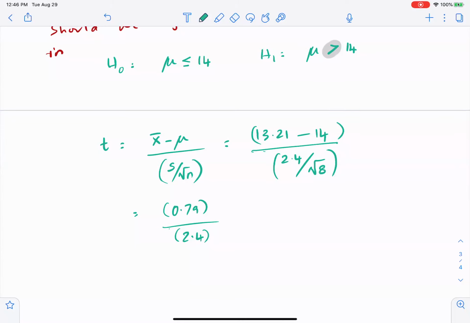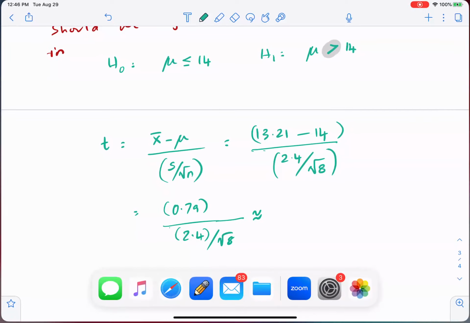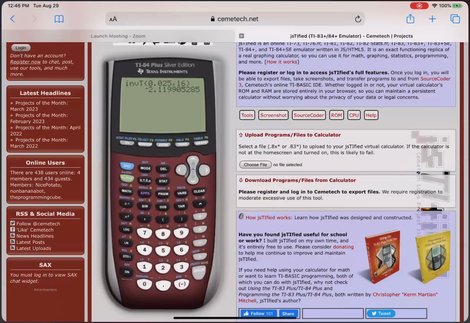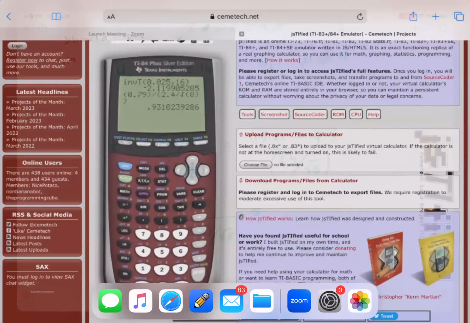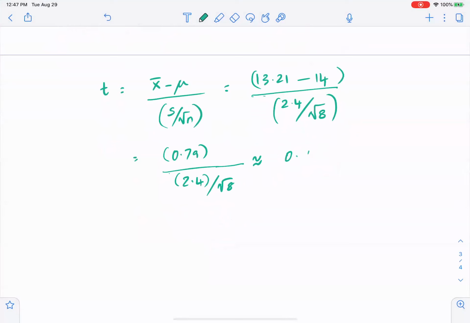If you look at what I wrote, I forgot the square root of 8. Now it should be about 0.86 or so. Parentheses are important. The numerator is 0.79. Denominator 2.4 over square root of 8. 2.4 divided by square root of 8 gives 0.92. I underestimated. Okay, so approximately 0.93.